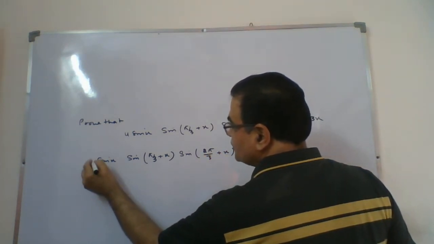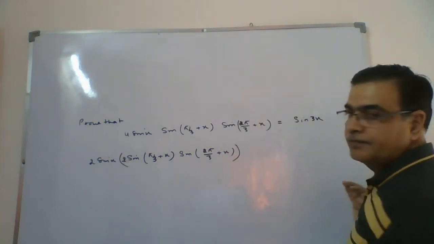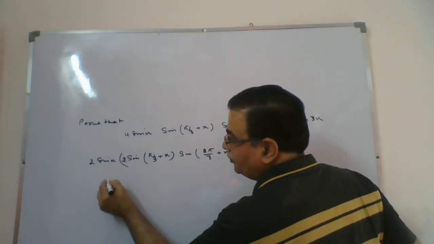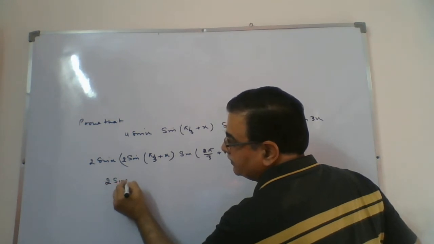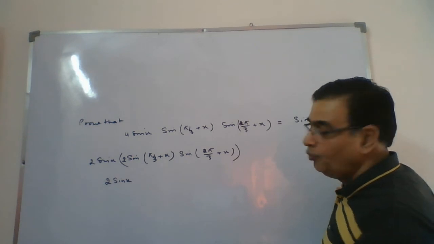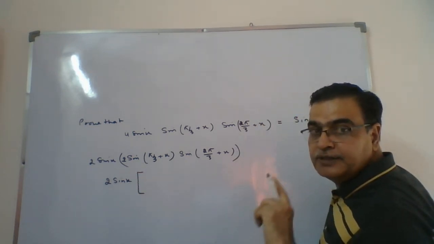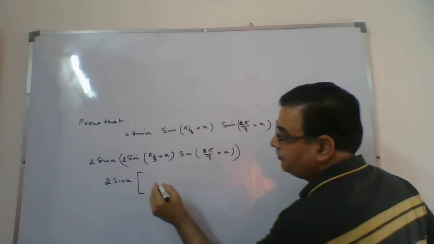And this is 4, so I take 2 here and 2 here. Then it comes out to be 2 sin x. 2 sin A sin B is the formula now. When you go for 2 sin A sin B, the formula says cos(A − B) − cos(A + B).